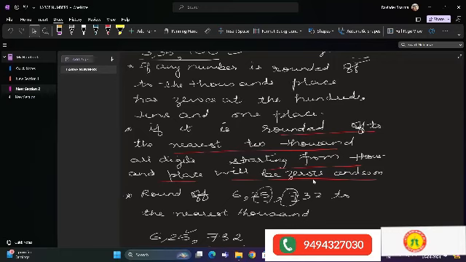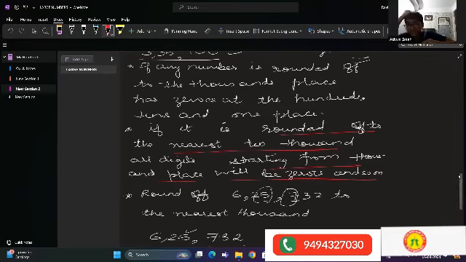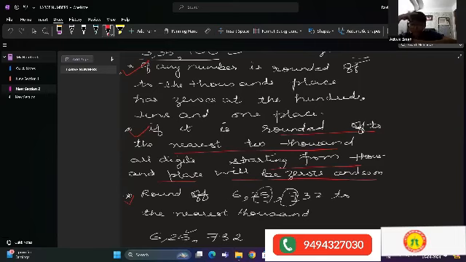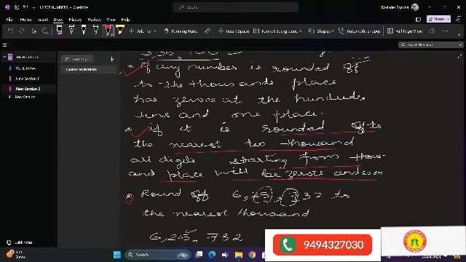See, this property, this and this example. Please note it down. And children, today I will give you questions and homework based on this rounding off topic. Please note it down fast.